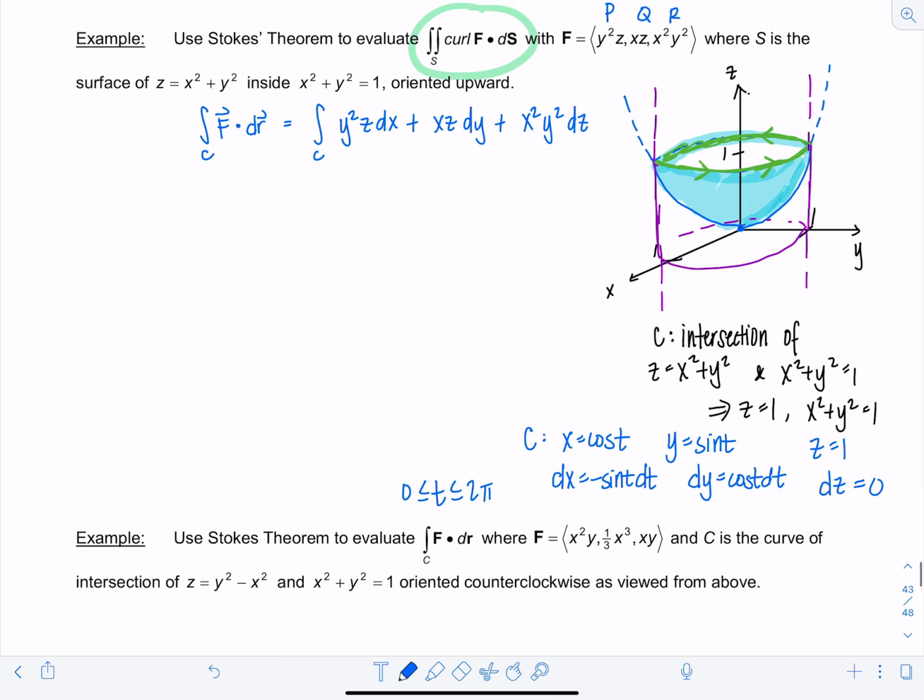Okay, so it's line integral time. Here we go. So we have, writing everything in terms of t, limits from 0 to 2 pi. All right, first term is y squared z dx.